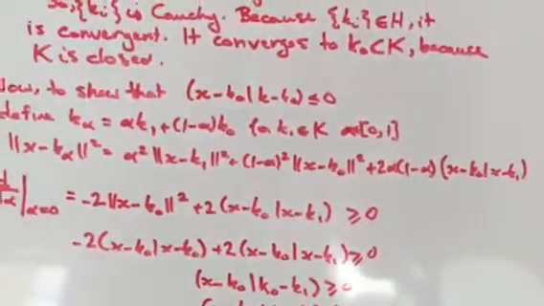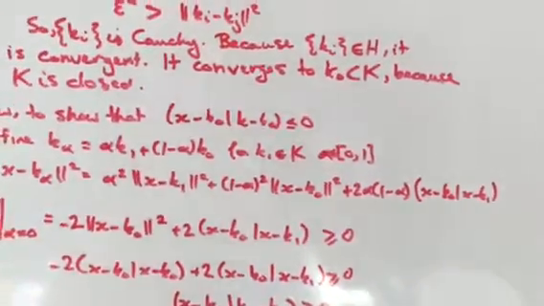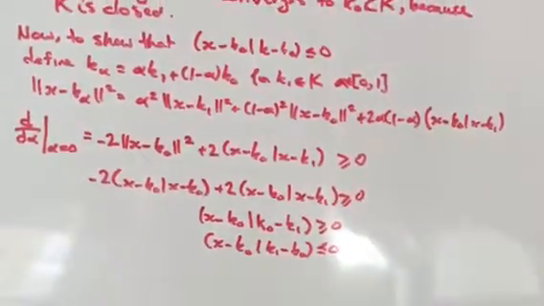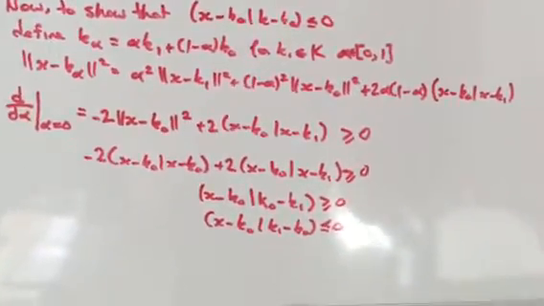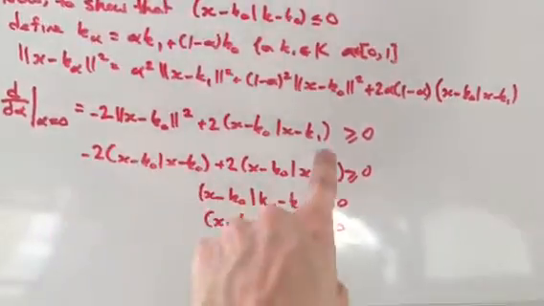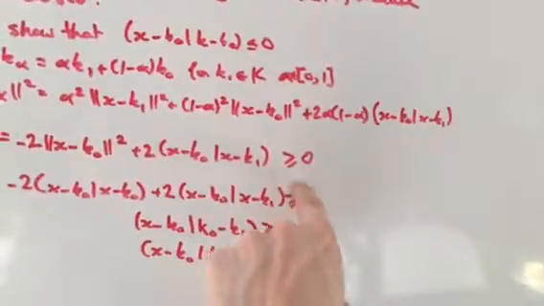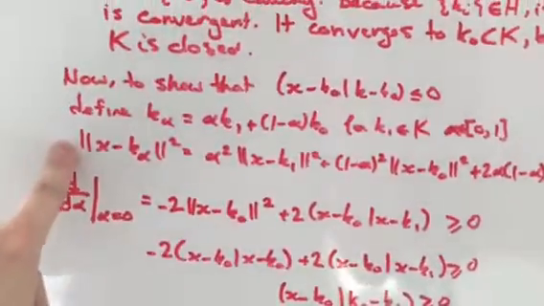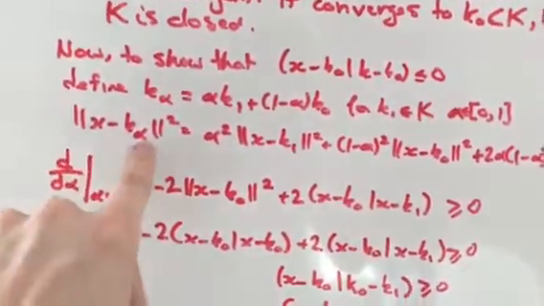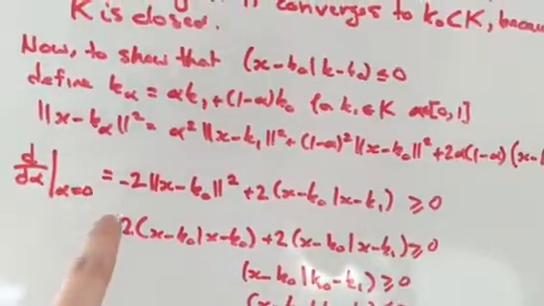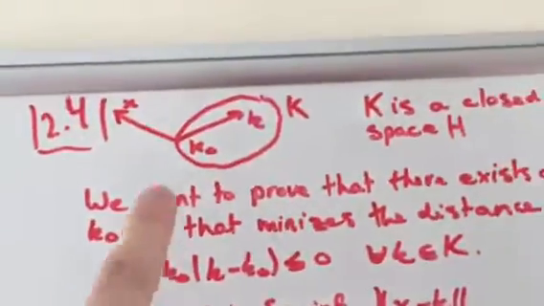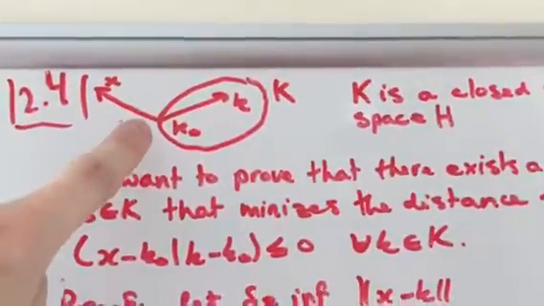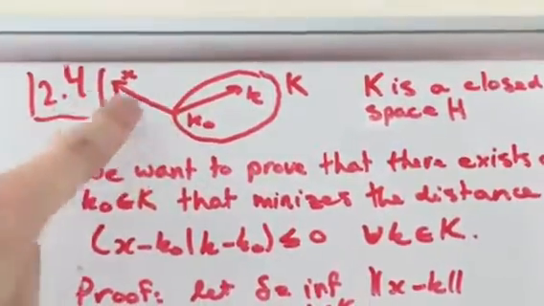Now what I do is I take this and I take the derivative with respect to alpha, and then I evaluate that derivative when alpha is equal to 0. And when I do that, I get this term here. And now I'm able to say that this is always greater than or equal to 0, that this norm is always going to be increasing in alpha, because I've already said that k sub naught is the closest point to x.